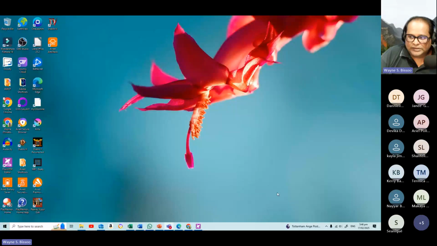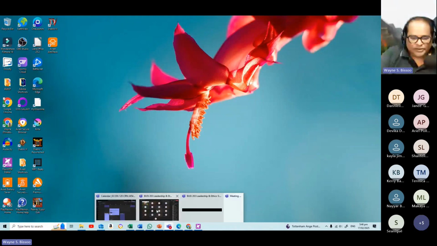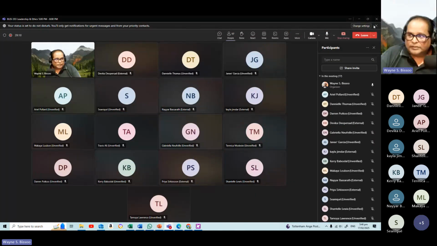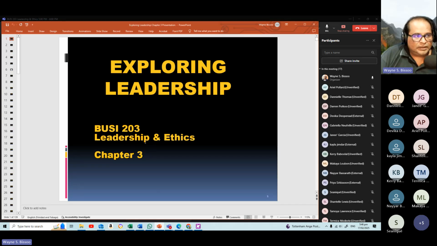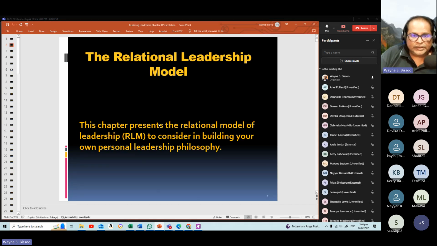Today, we're going to be looking at chapter 3 of the main text, and that is the chapter that is going to detail the relational leadership model.